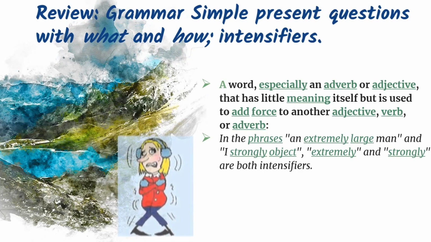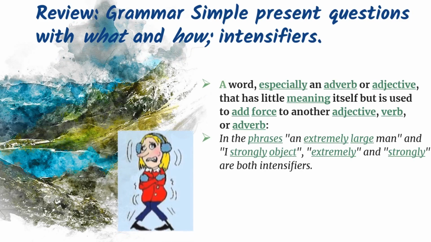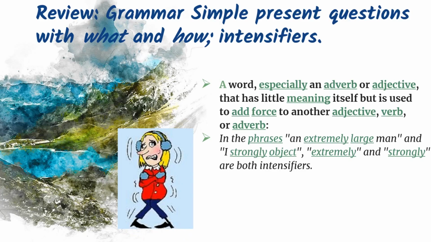What can you see of this picture? The girl is feeling cold, right? Therefore, how to make a sentence with an intensifier word? It's really cold. So where's the intensifier word in this sentence? Really, correct.